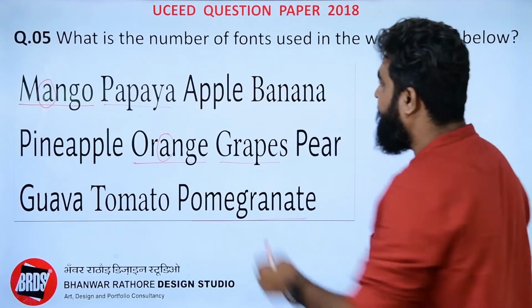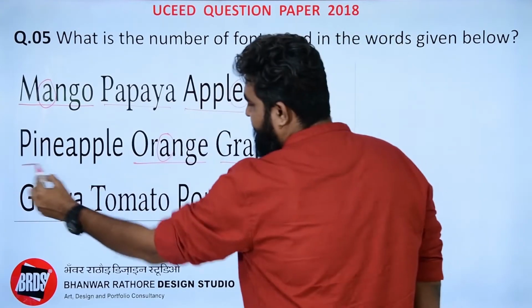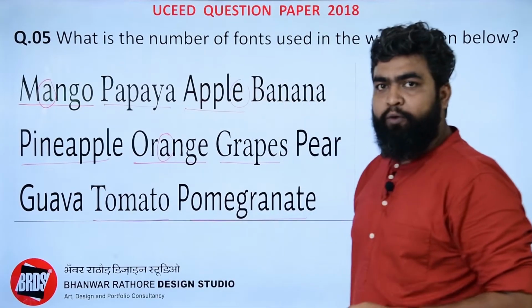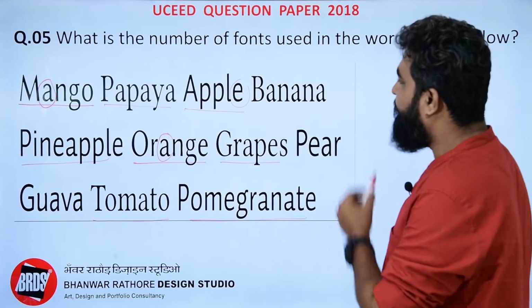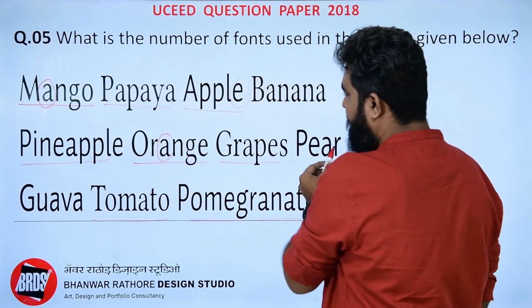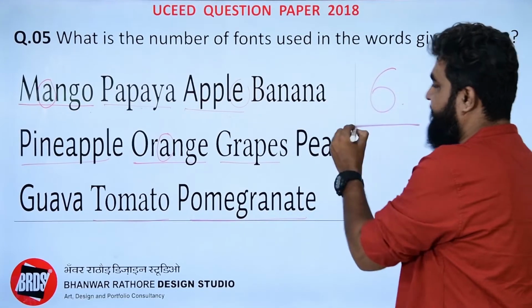Then if we check apple, the same E is repeating in pineapple and pomegranate as well as tomato. So now based on this, the total number of fonts used is 1, 2, 3, 4, 5 and 6. So the correct answer will be 6.